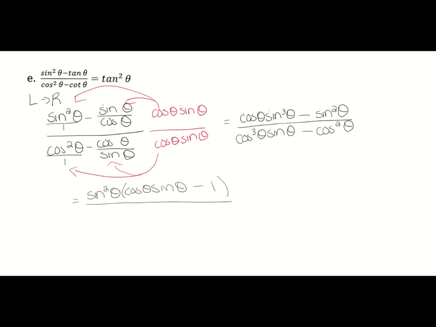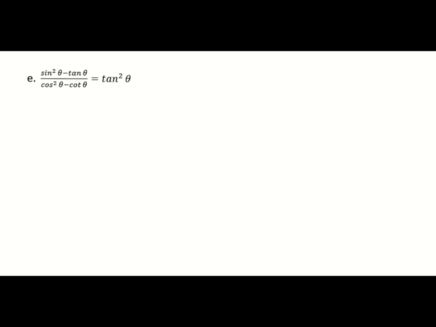And in the bottom, I'm going to take out a cosine squared theta and be left with cosine theta, sine theta, minus 1. So this works out very nicely because this and this I can cancel because everything, like the terms, are being multiplied. This is when you can cancel. I'm left with sine squared theta over cosine squared theta, which is going to give me tangent squared theta by the quotient identities.